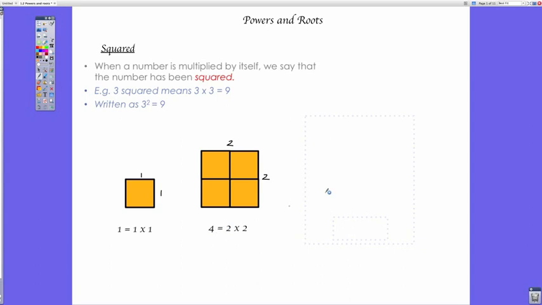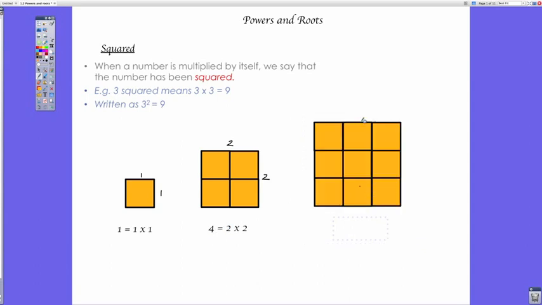So 4 is my squared number. And the next one, we've got 3 by 3, so 3 times 3 is 9. That's the same as saying 3 squared. And the same here, 2 squared, and then the first one was 1 squared.